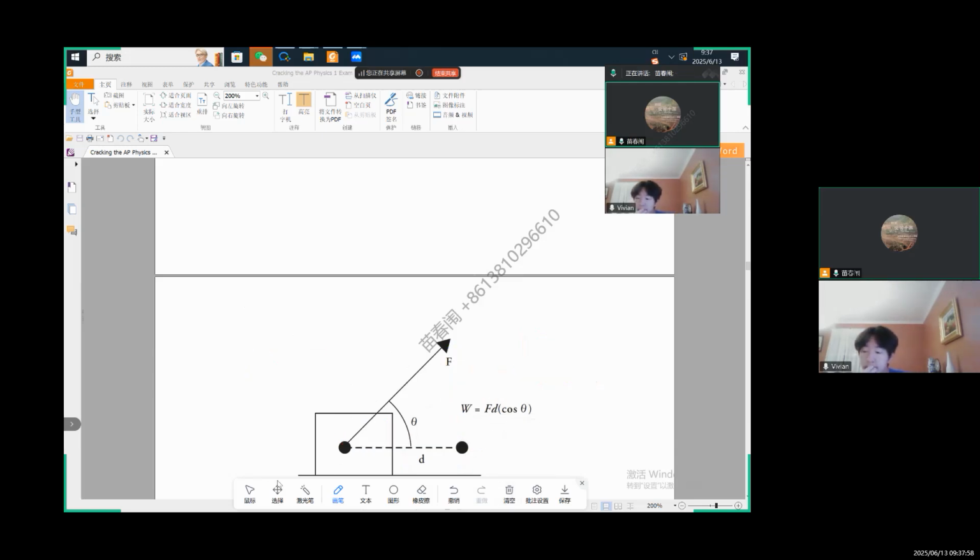So that's why we have this. Some textbooks describe it as the work in the direction of the distance, or force in the direction of the distance. This is the force in the direction of the distance. Or some textbooks describe it as the distance in the direction of the force, also making sense. Let's just remember this one.